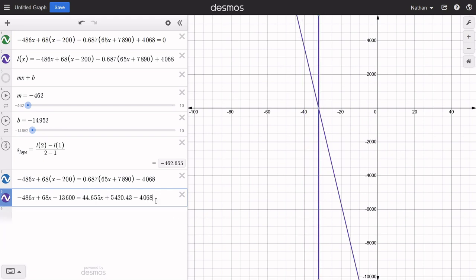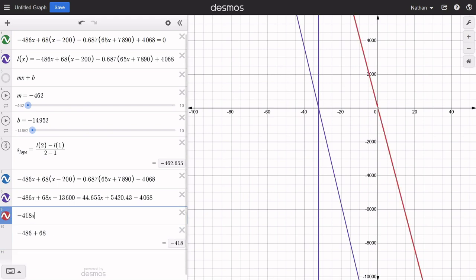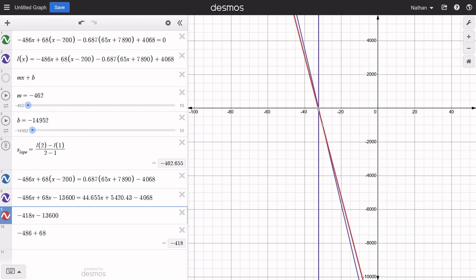Okay, so now I can simplify this further by combining these two x values and then these two constants. So I can just do negative 486 plus 68. So we know it's going to be negative 418x, then minus 13600 equals.